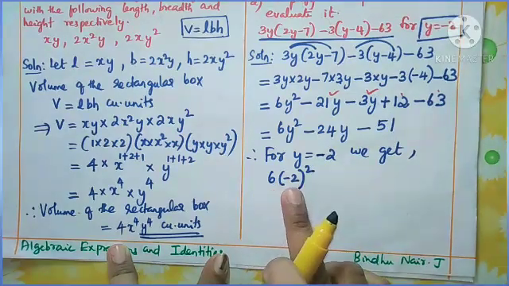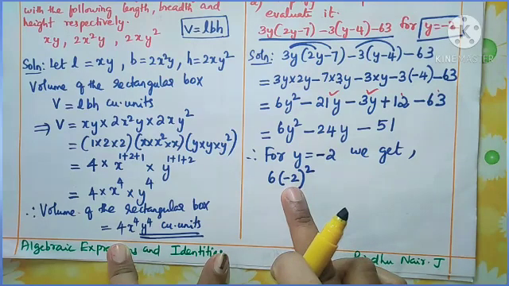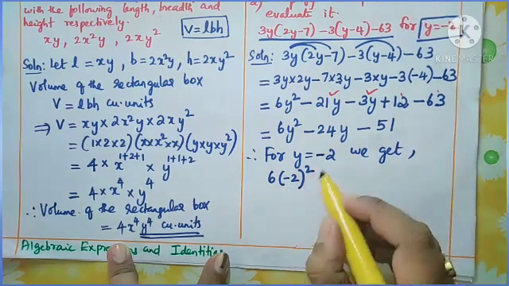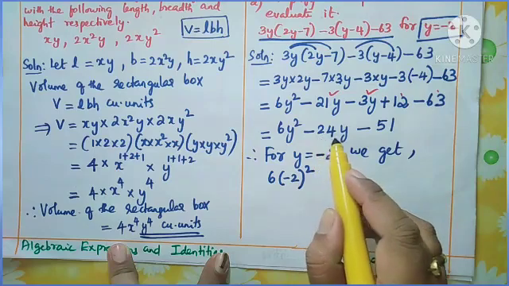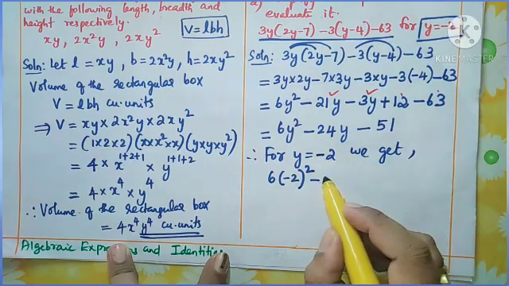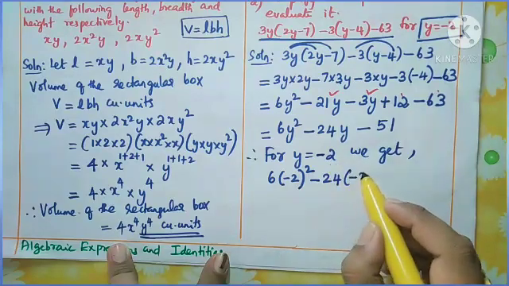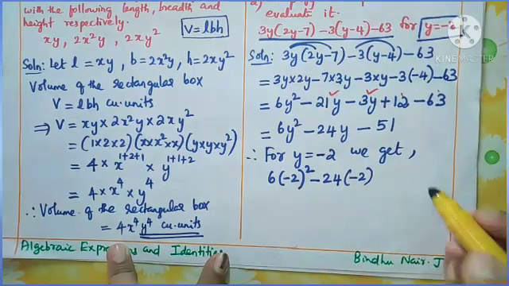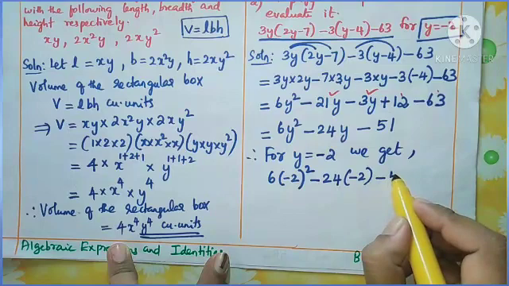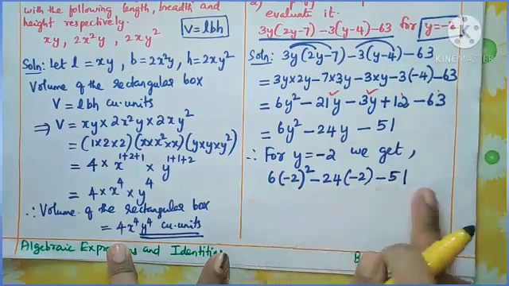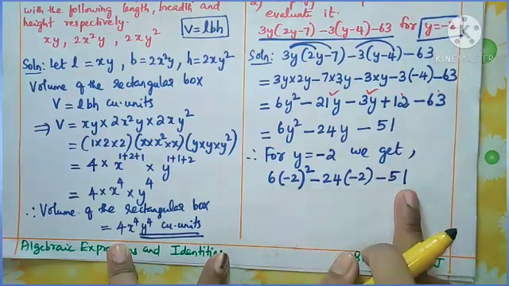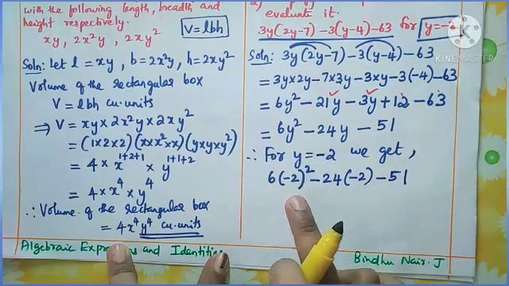So 6 into y square, y value minus 2 square. Then here minus 24y. So minus 24, y place again minus 2. Substitute the value of y. Then the last term is minus 51. So here all the y is removed by putting minus 2 in the place of y.